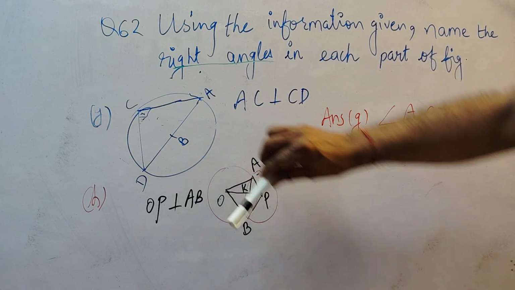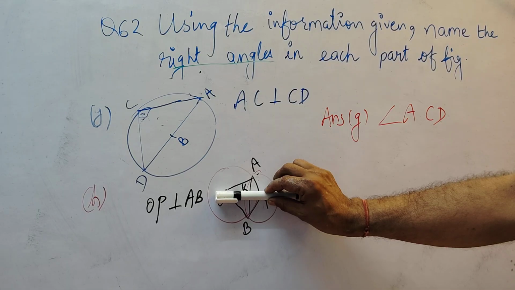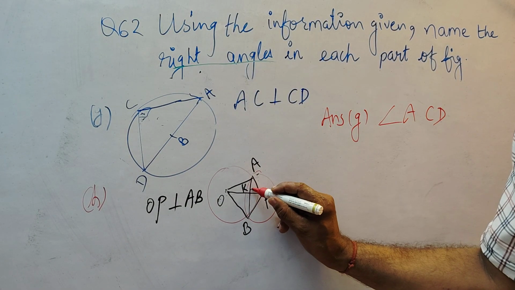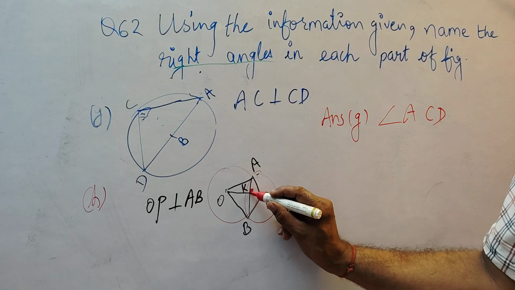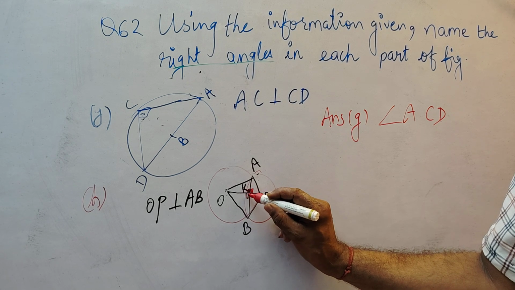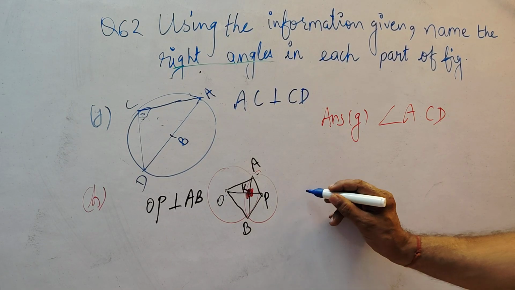And where is OP? This one is OP. So here is the 90-degree angle. Four angles are forming, two on the right side, two on the left side. Four right angles are there. So there are four possible answers.